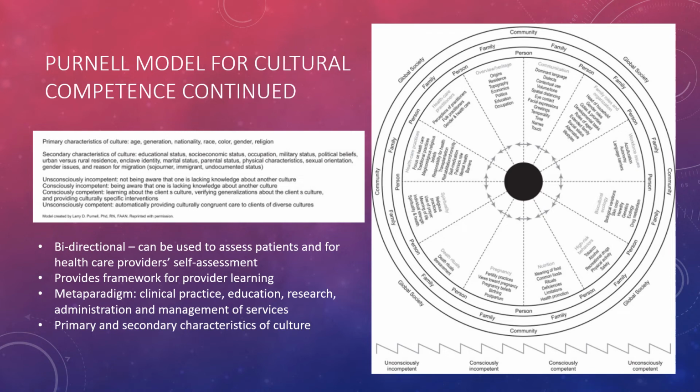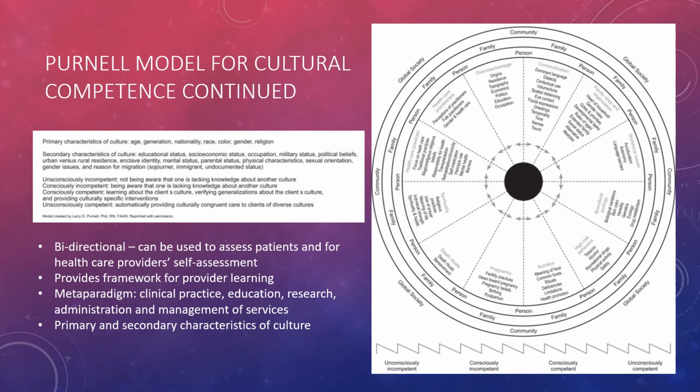So secondary characteristics include educational status, economics, socioeconomic status, occupation and military experience, etc., as compared to primary characteristics, which are nationality, race, color, gender, age, religious affiliation. And I think you could probably argue that religious affiliation is potentially also a secondary characteristic. So that's sort of the Purnell model.